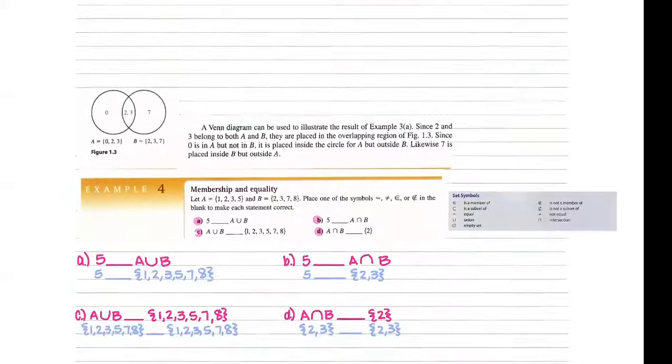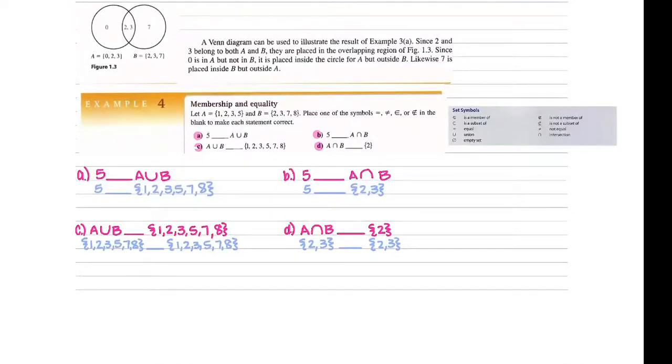Okay, so with your next section of your notes, we are comparing. It tells us to let A equal {1, 2, 3, 5}, B is equal to {2, 3, 7, 8}, and we place one of the symbols, either equal to, not equal to, is a member of, is not a member of, in the blank to make each statement correct.